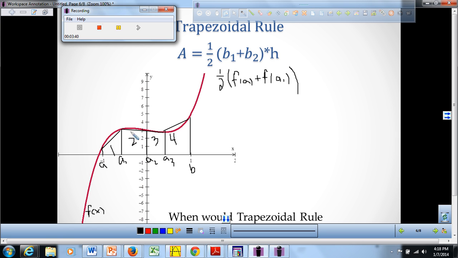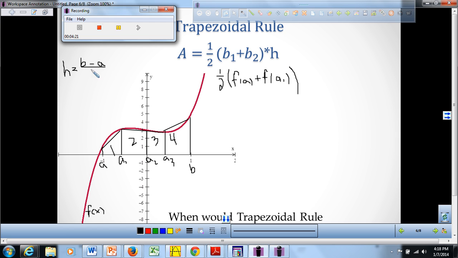The height of the trapezoid, these vertical lines end up being our bases, so the height is the width of the subdivision. And if we have a consistent width for all of our subdivisions, we can find that width by doing b minus a over the number of subdivisions. And that will be the height of each of our trapezoids. So height equals b minus a over n.